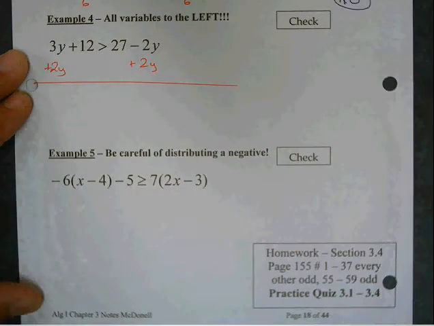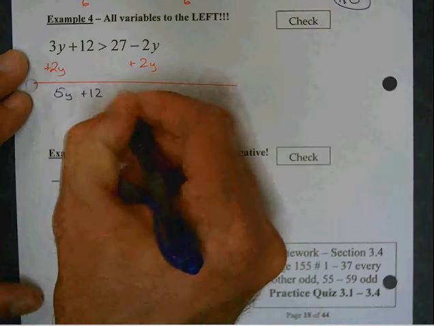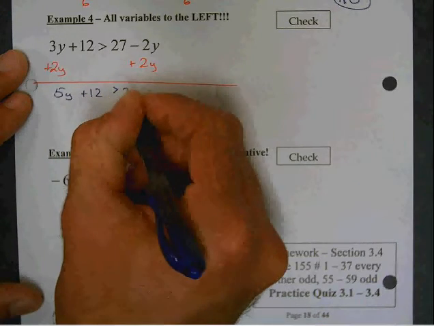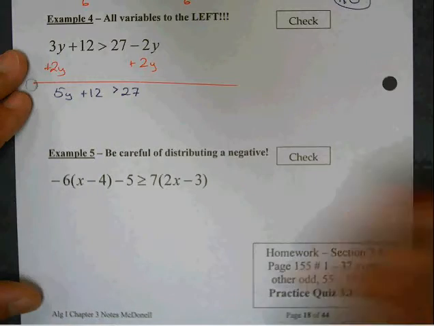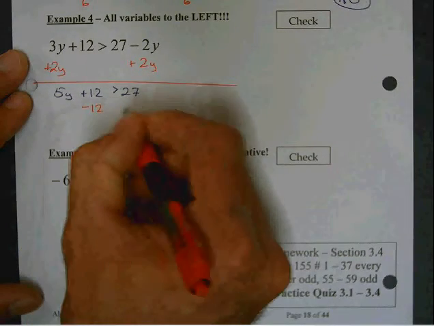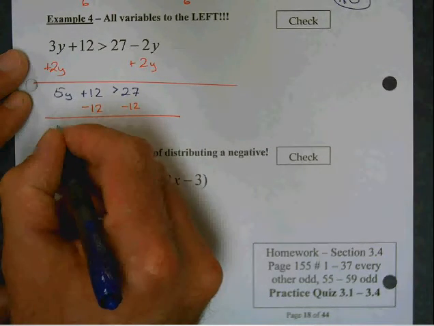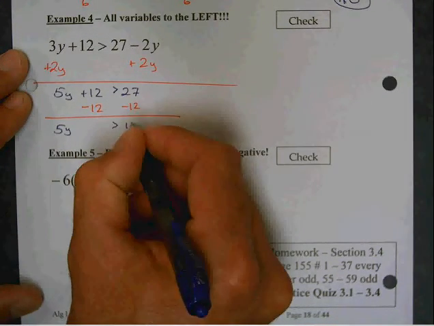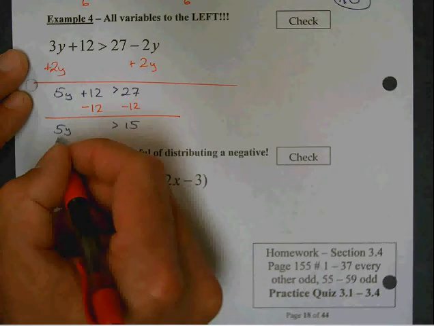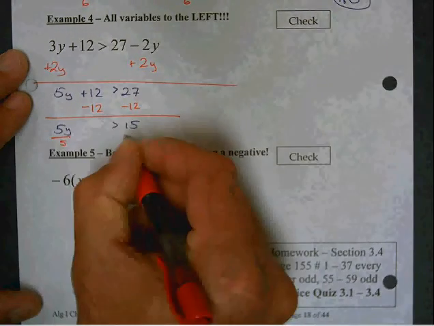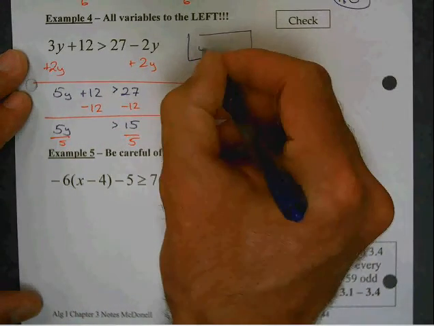What do I have now? All right. Keep going, you're doing fine. Subtract 12. Now I have what? Keep going. Divide both sides by 5. And what do you feel your answer is? Y is greater than 3.